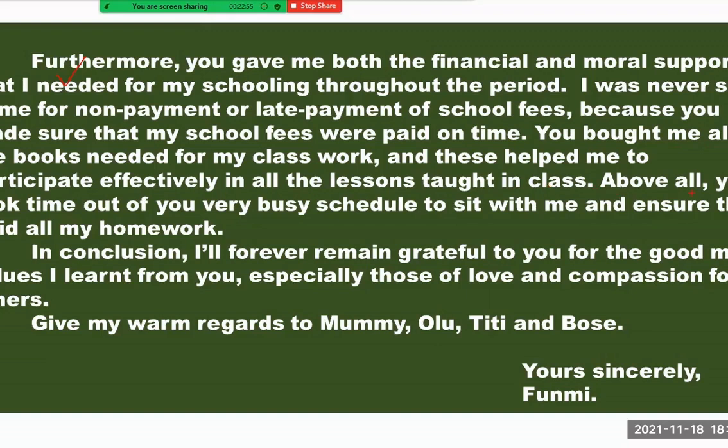Above all, you took time out of your very busy schedule to sit with me and ensure that I did all my homework. This was the aspect of his moral support. Apart from paying your school fees and buying books for you, he also sat with you and helped you to ensure you did all your homework.